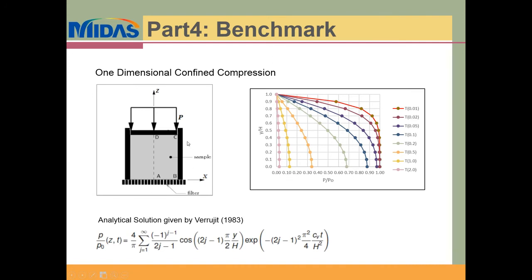The solution to this type of problem was given by Terzaghi using this expression. This expression or this analysis can be modeled within the program as well. So I will just take you to that problem.